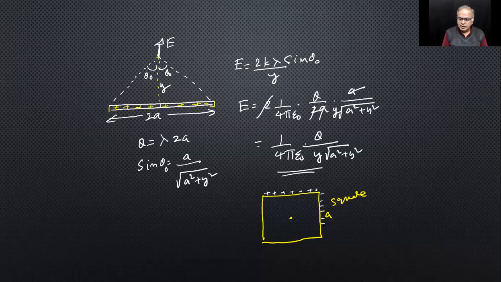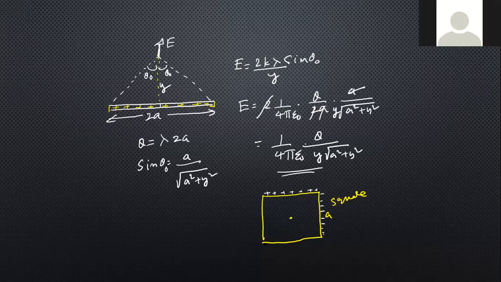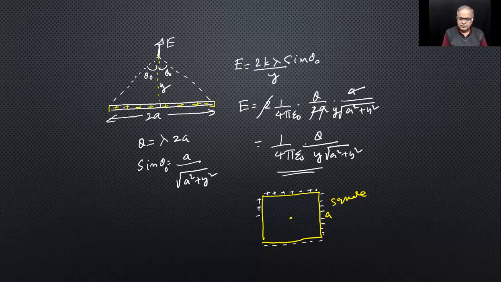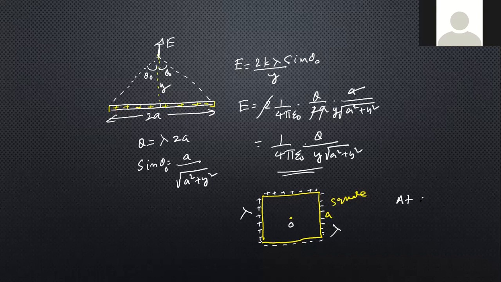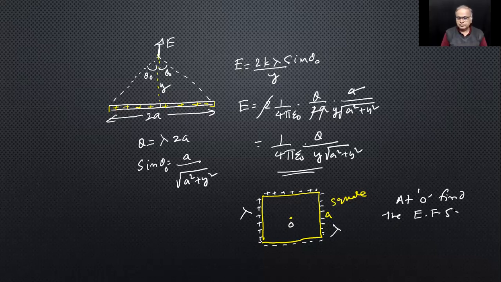Somehow, just don't worry. It is possible if I have non-conducting ribbons like that. Minus here and plus this side. But both the charge densities are lambda each, plus lambda, minus lambda there. At O, find the electric field strength. An immediate application.